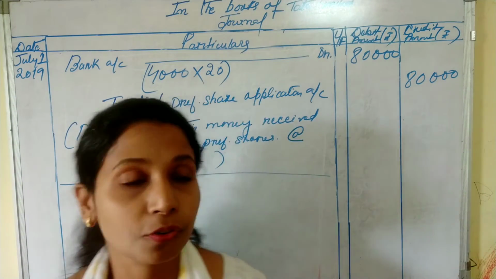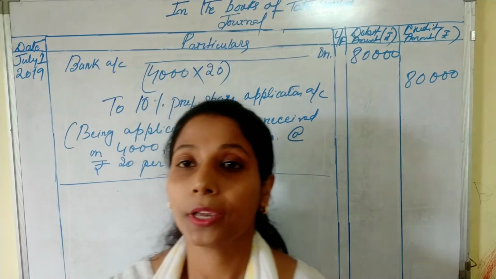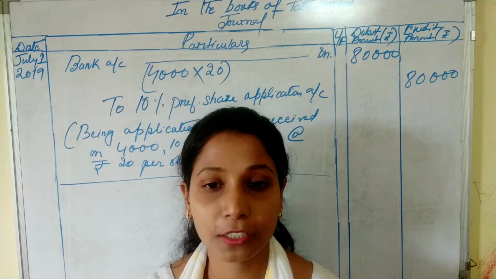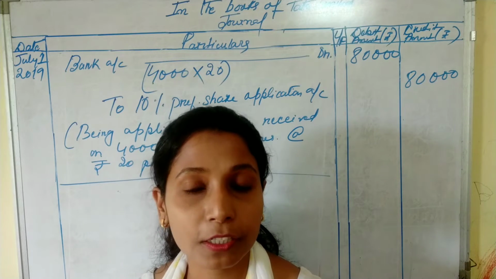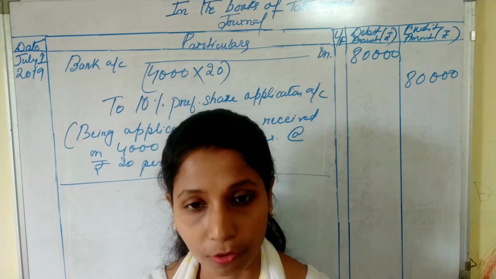Now we will transfer this application money to capital account. So our second journal entry will be the transfer entry of the application money to the application account.